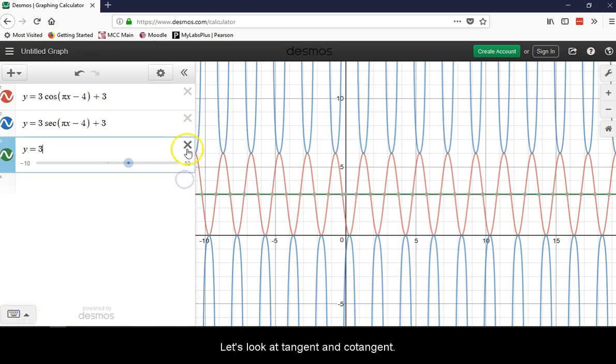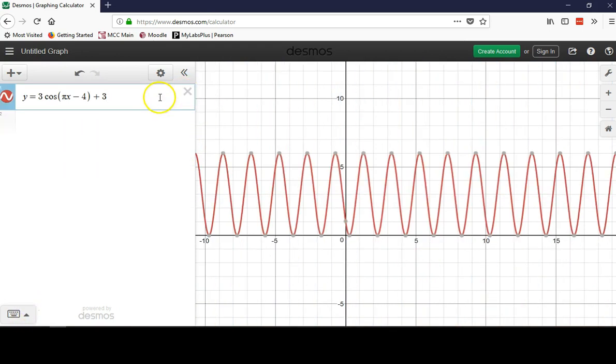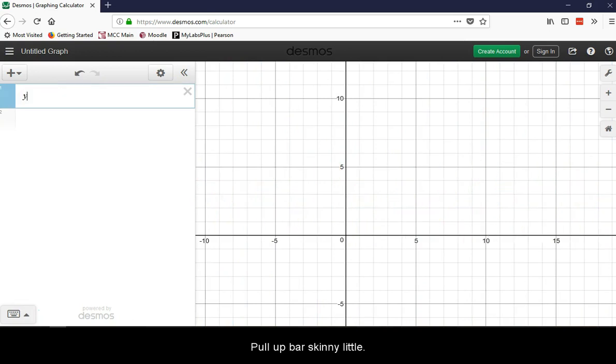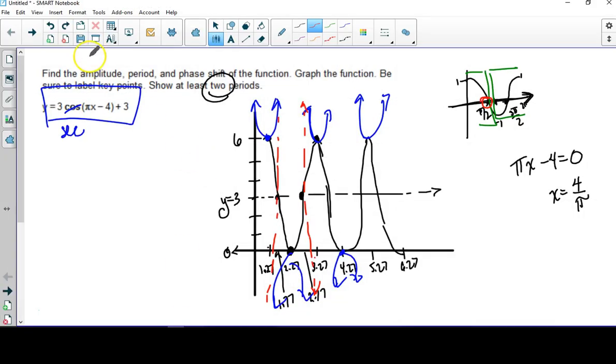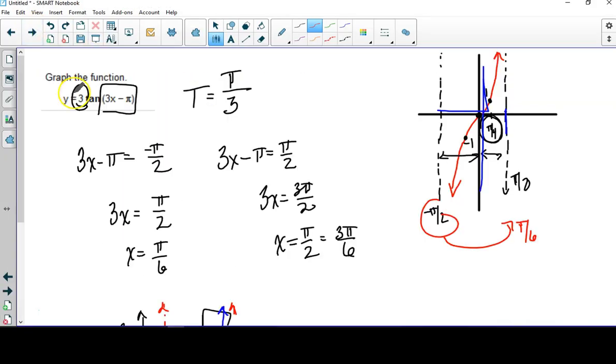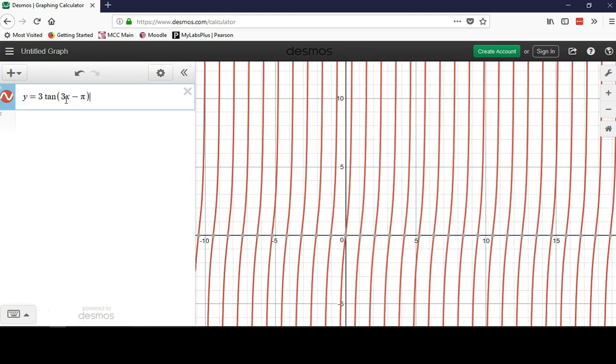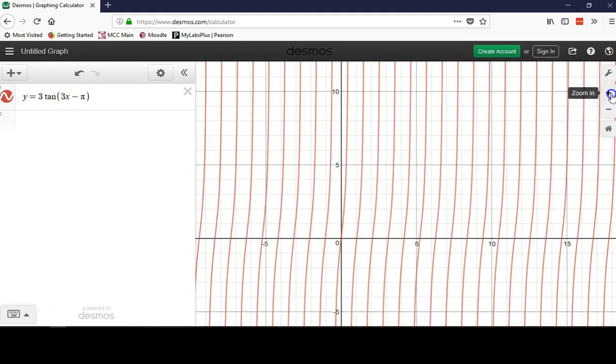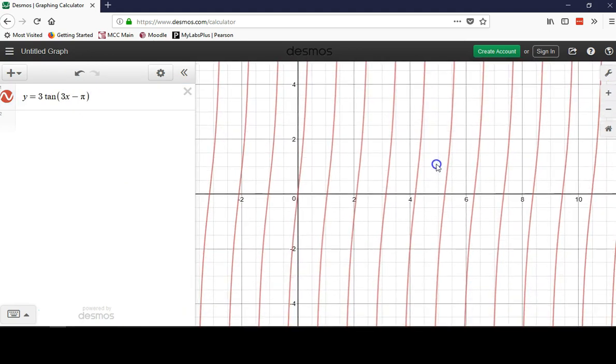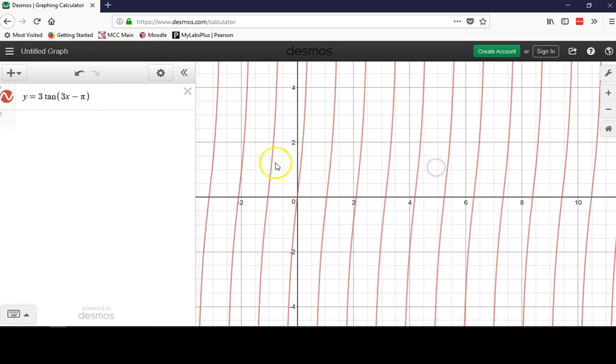Let's look at tangent and cotangent. So we'll pull up our skinny little tan function that we had just a moment ago. 3x minus pi. I'm going to blow it up a little bit so it's not too hard to see.